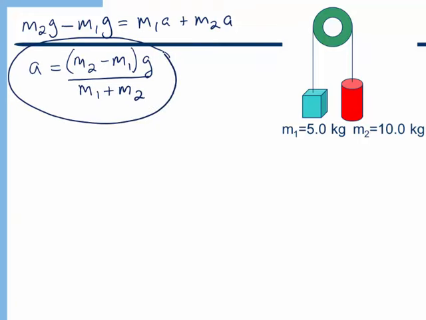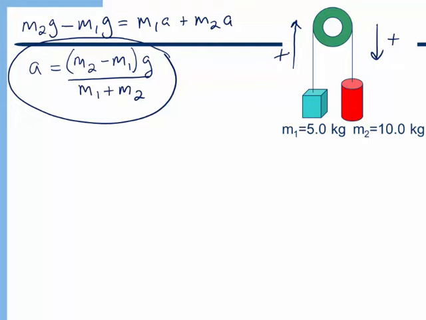Before we go on and plug in the values, let's look at whether this solution makes sense. We defined this direction as positive. Therefore, our acceleration is going to be positive as long as m2 is greater than m1.